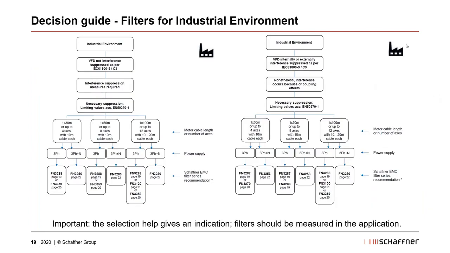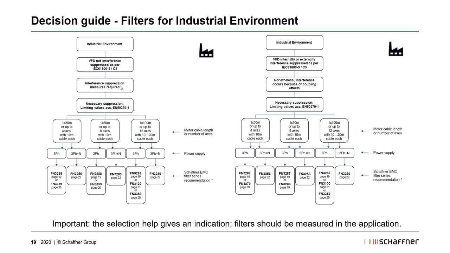If you found out which level or situation you are in, if you are in industrial, you will see in our document that there are different selection trees afterwards as well. Here, the differentiation is that you start in an industrial environment, but then you have a variable frequency drive not interference suppressed, so there is no filter inside, or there is already a filter inside for C3, which is the one on the right side.